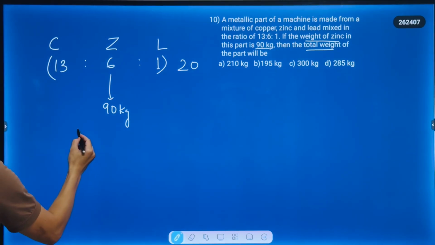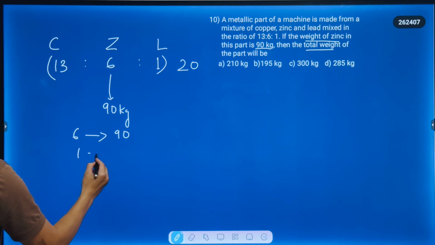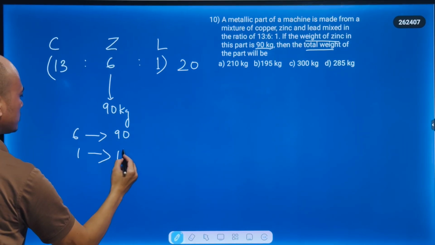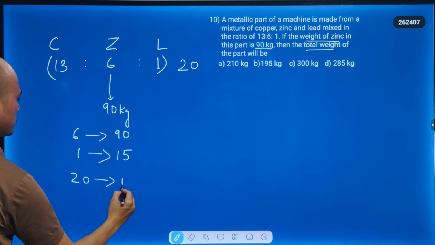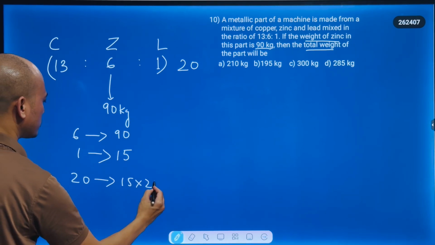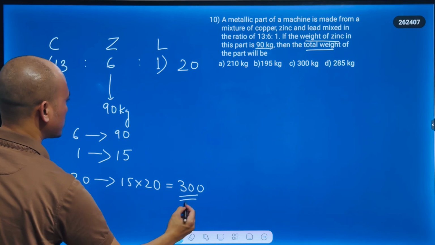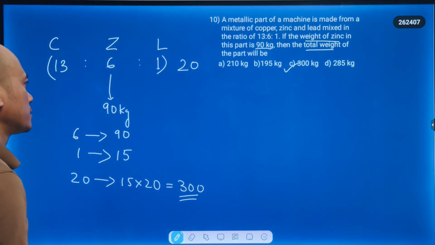Here 6 units is equal to 90 kg, so 1 unit will be equal to 90 by 6, which is 15. So 20 units will be equal to 15 into 20, which is 300, and option C is the correct answer, 300 kgs.